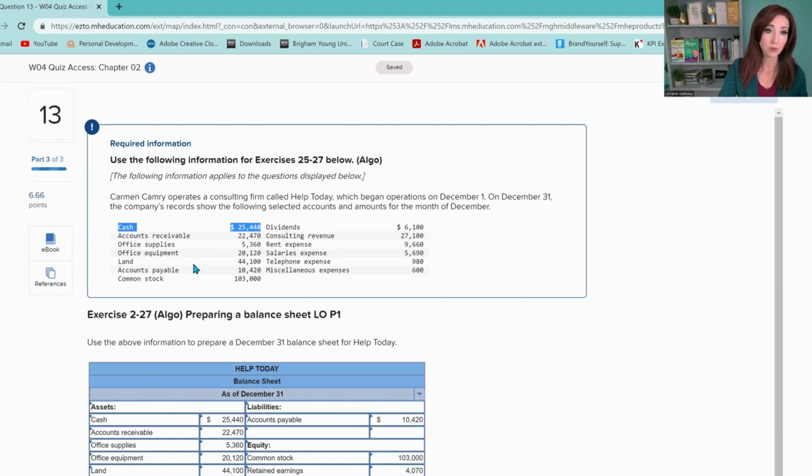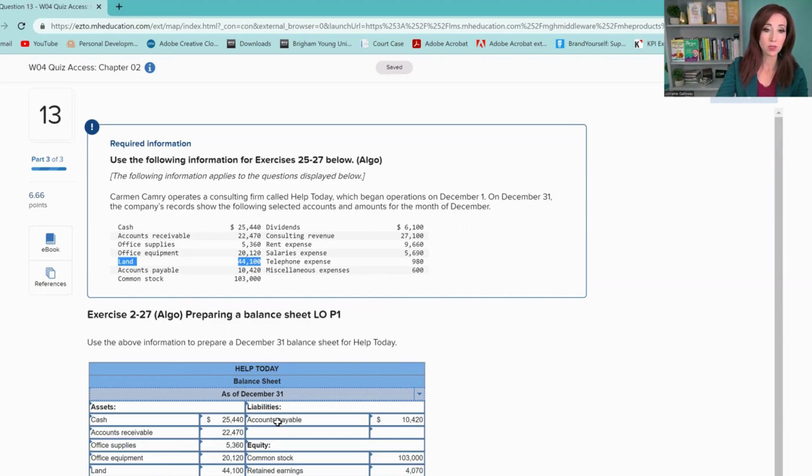Your cash amount would start first, and then accounts receivable is next. Our office supplies is after that. That goes right down here. And then we have office equipment. These are all considered inventory and assets for the business. Make sure the numbers match. Our land is an asset. That's something that has value and will build value over time.